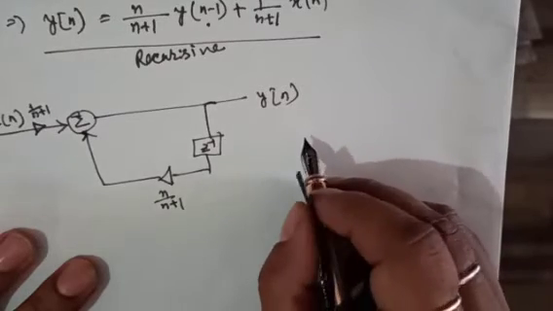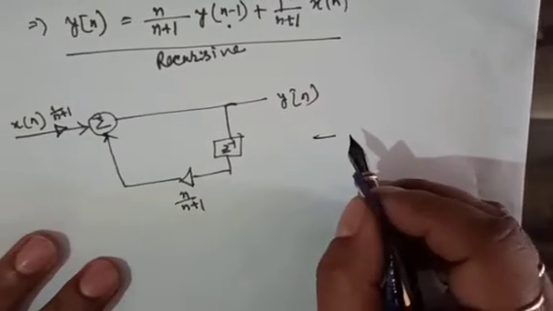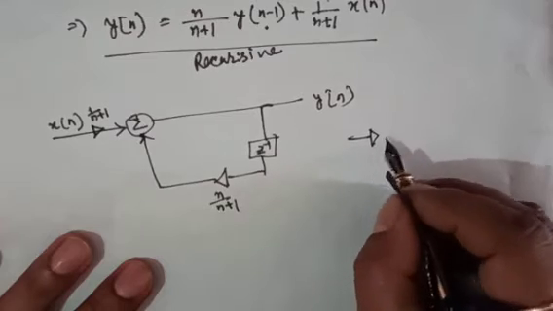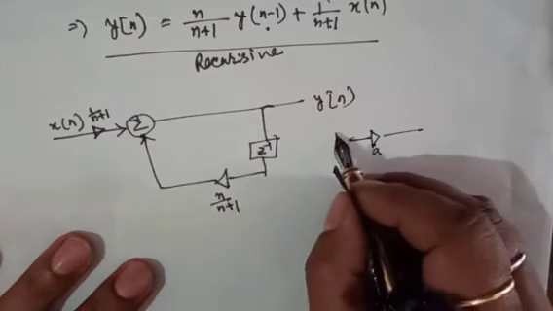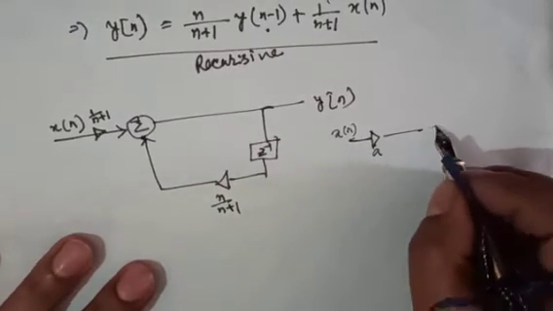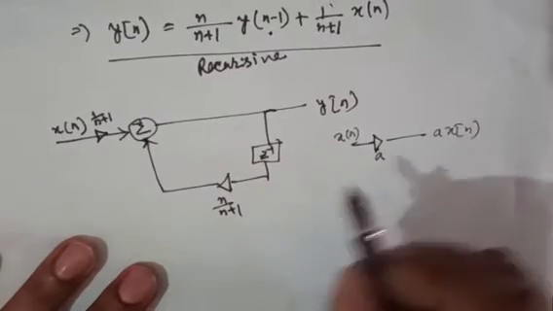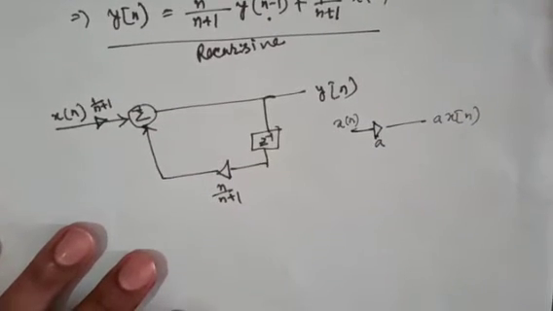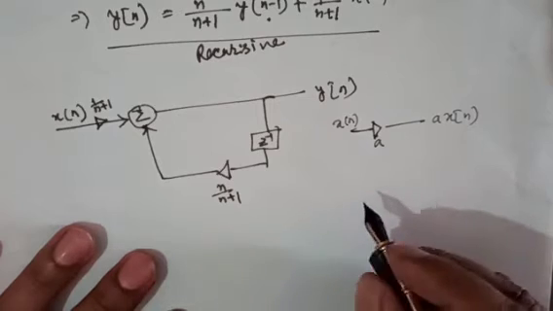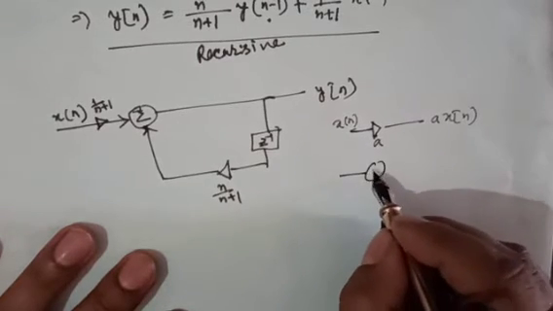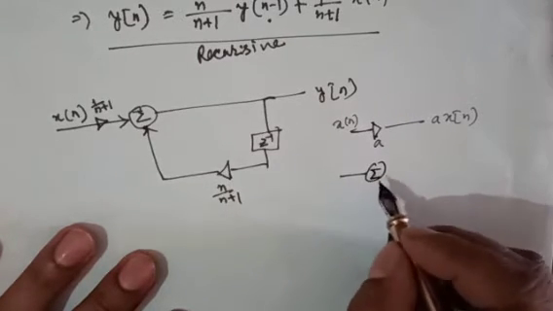I'll tell you these symbols. So this is one symbol. Suppose this is a and you are applying x of n, the output will be a into x of n. So it is the scalar multiplication. Then this is your summation, also the plus symbol.